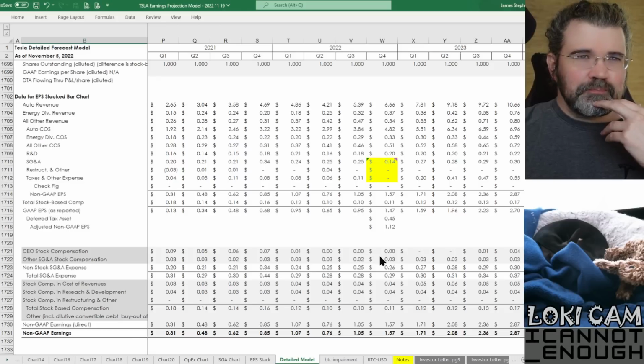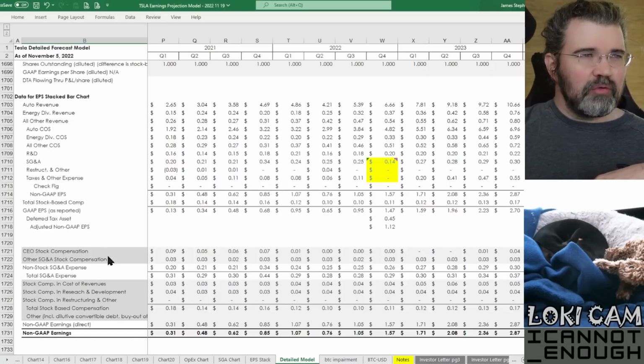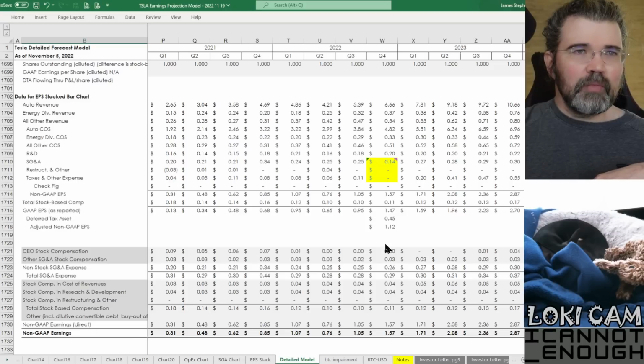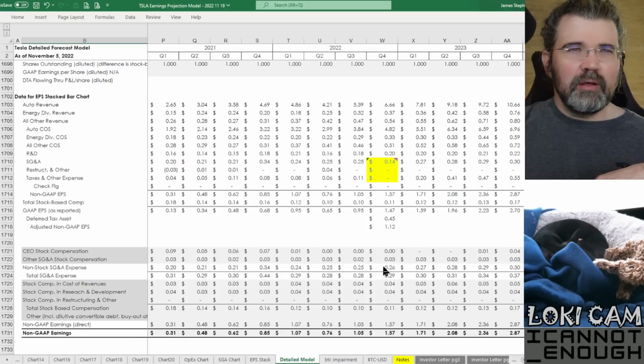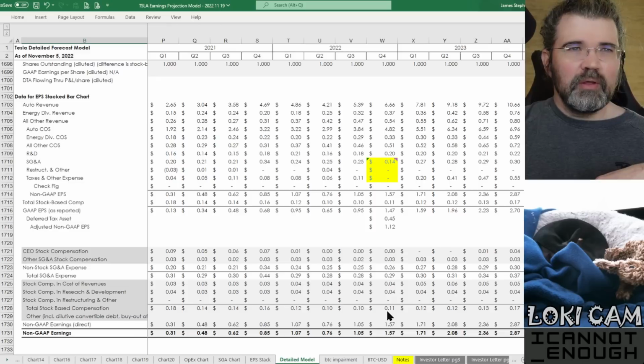All right. Then at the bottom of the page, I also have the stock compensation on a per share basis as well. So that's all down here to get you to the non-GAAP earnings of $1.57. Here's 11 cents.